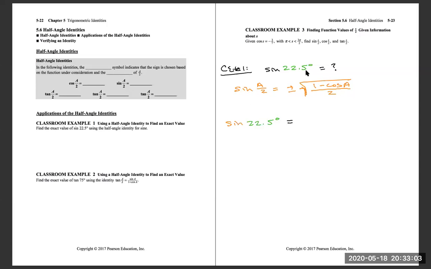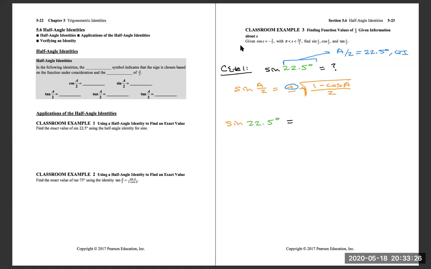You're going to want to pick based on where this angle is. This is actually going to be a over 2, which is in Q1. So sine of a over 2 for this case is going to be positive.